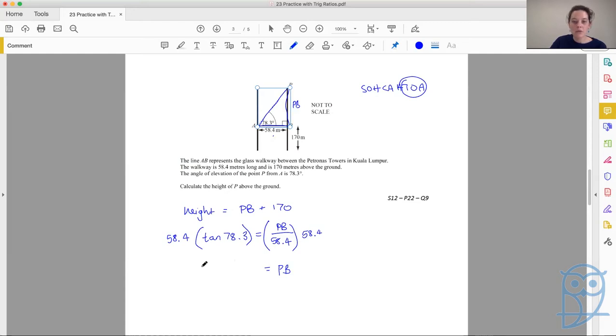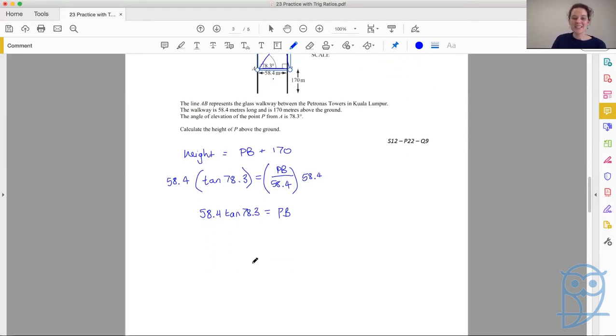PB equals 58.4 tan 78.3. Definitely things you want to be using a calculator for. So PB equals, when we type all of that in, we get 282.002. So again, I'm working to extra decimal places so that I keep that accuracy.